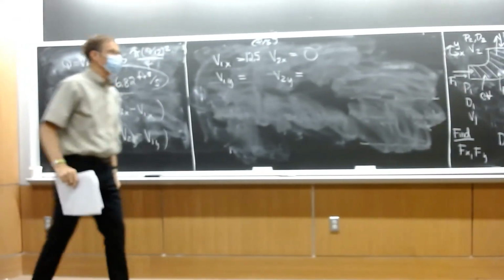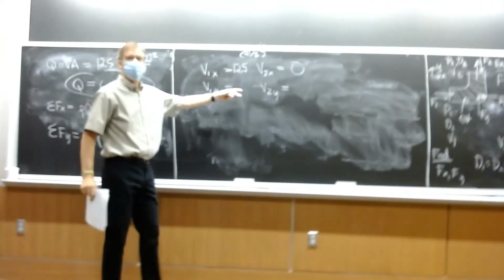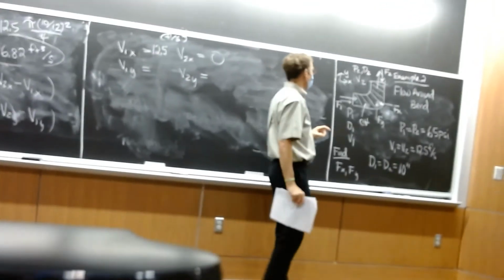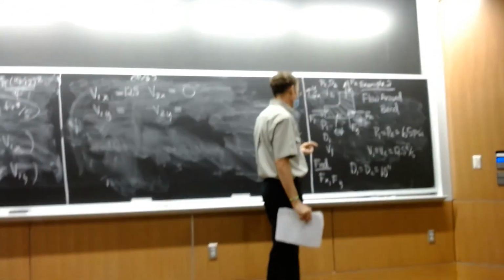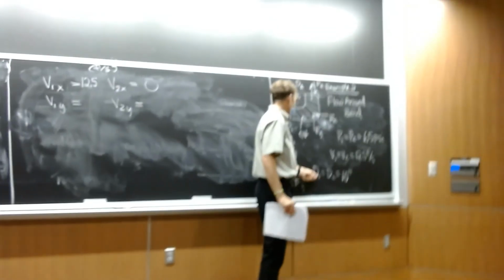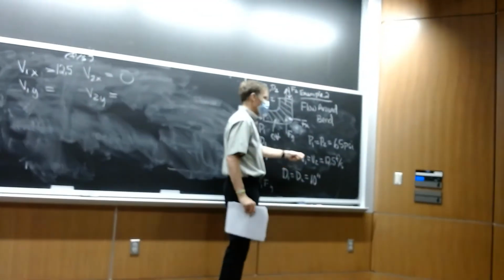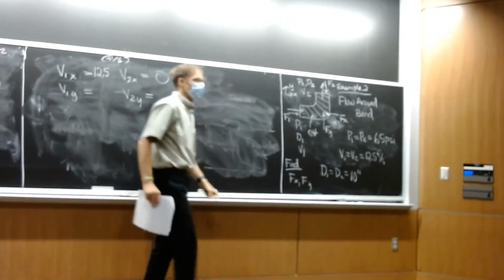So that tells you that this should be 12.5. 12.5, and that's only because since the diameters have stayed the same, we have the same velocities at the inlet and outlet location.